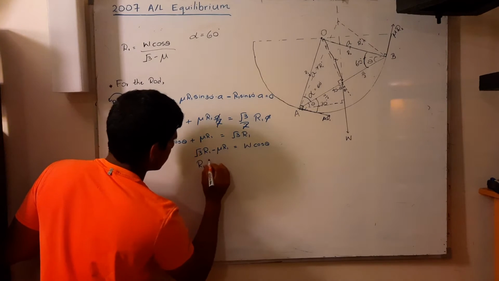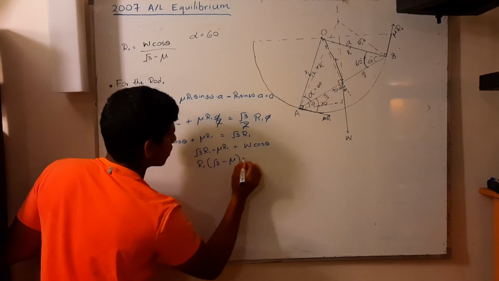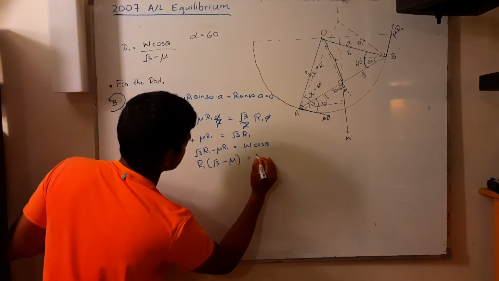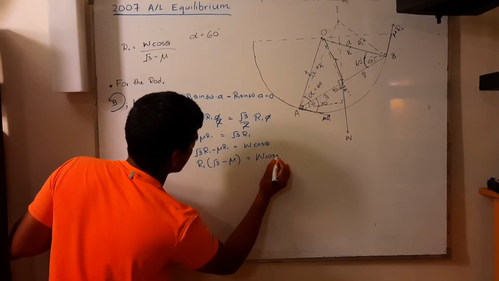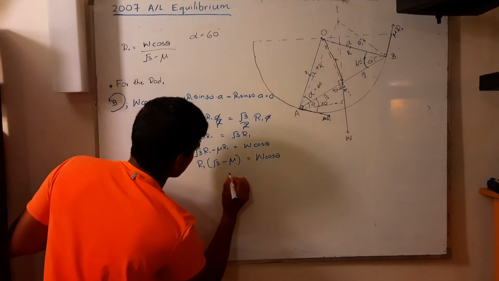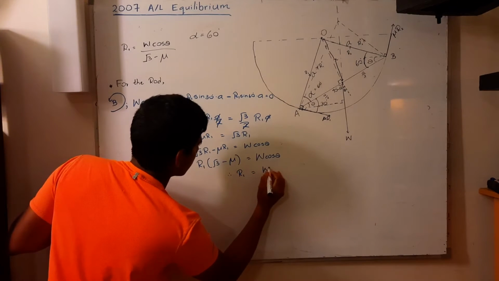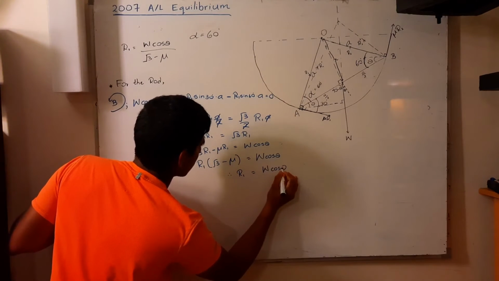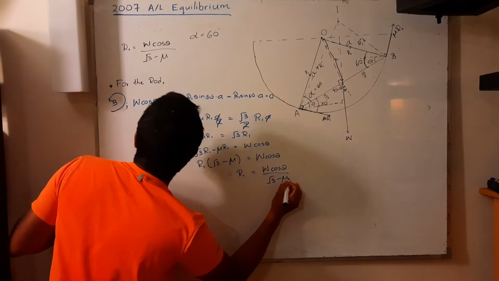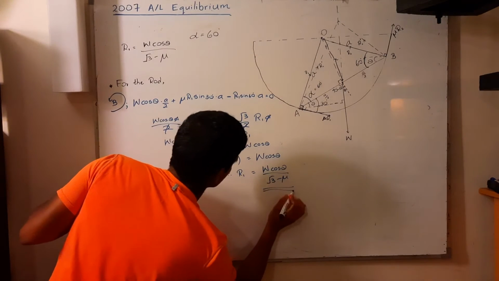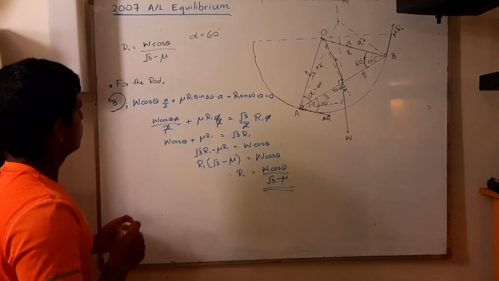So if we take R1 out, root 3 minus mu, equals W cos theta, and therefore R1 equals W cos theta over root 3 minus mu, and that is what we've been asked to show in the first part of the question.